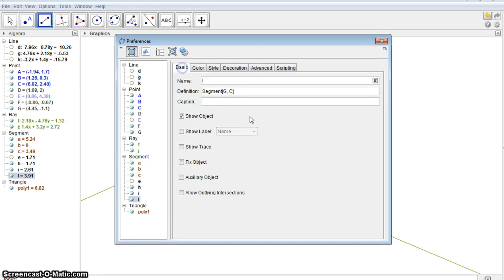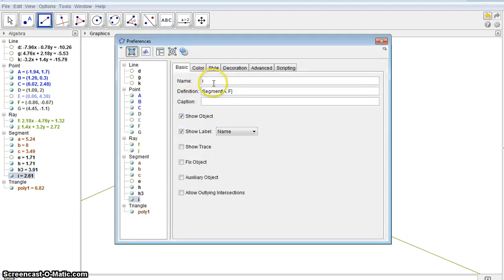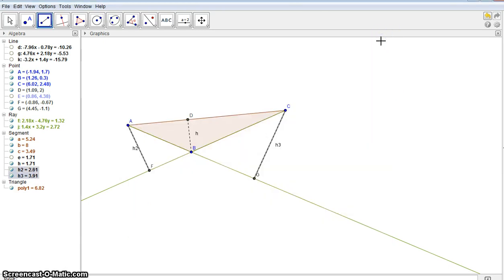And I meant to add, this is H3. And let's add H2. So here are the three heights of this triangle.